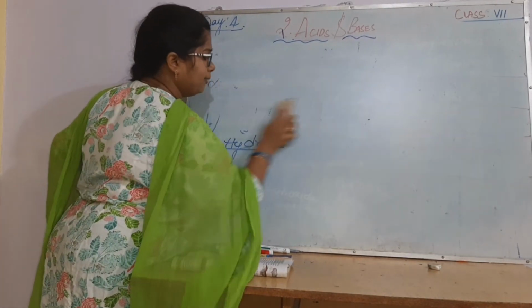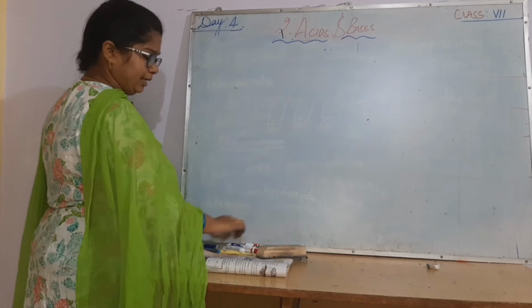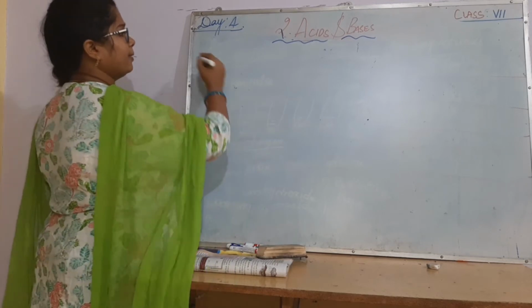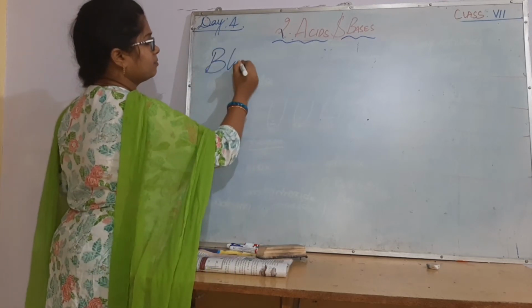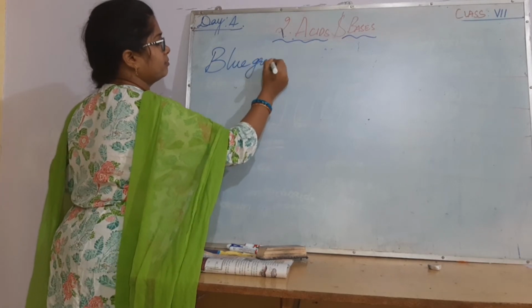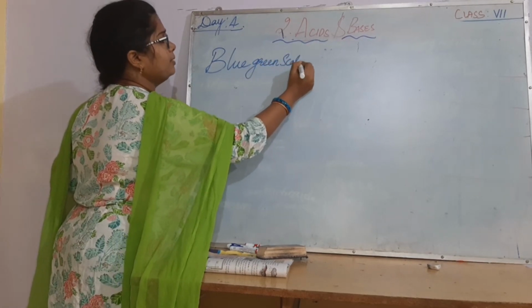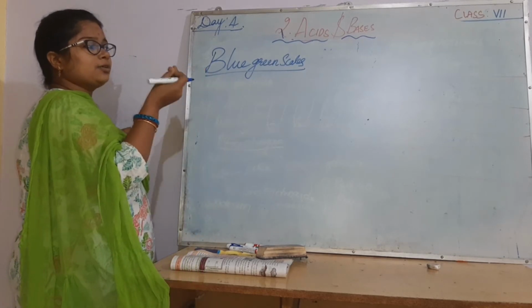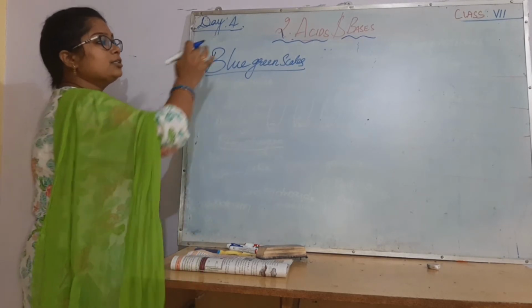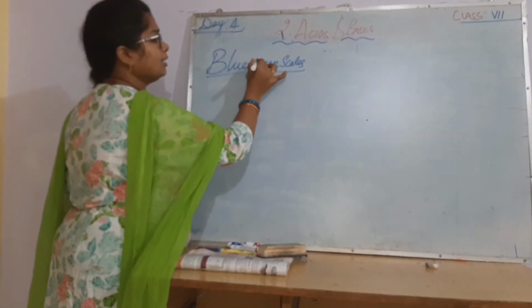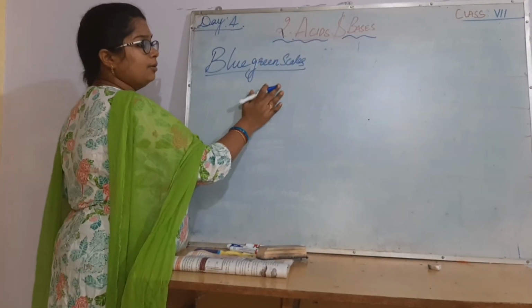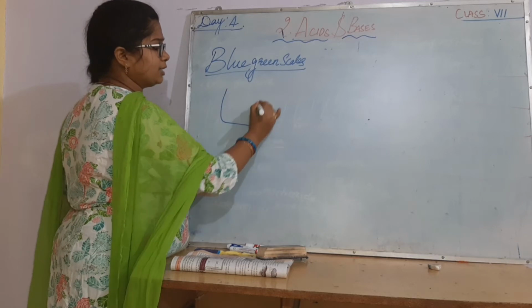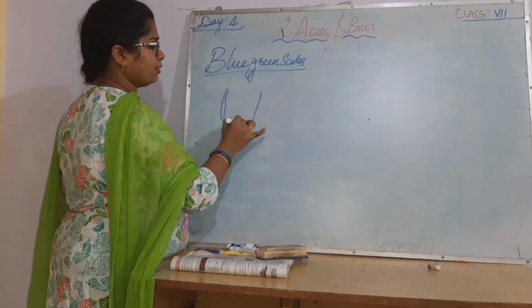Blue-green scales are formed. Means a blue-green color, like texture, is formed, which is not good for your health. So the copper will be outside, and inside it will be coated with what?